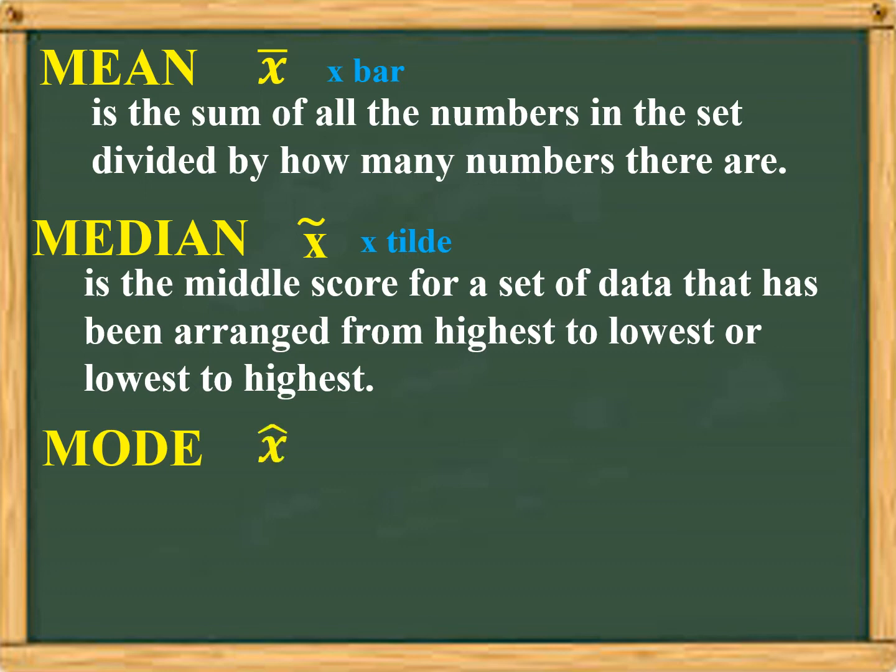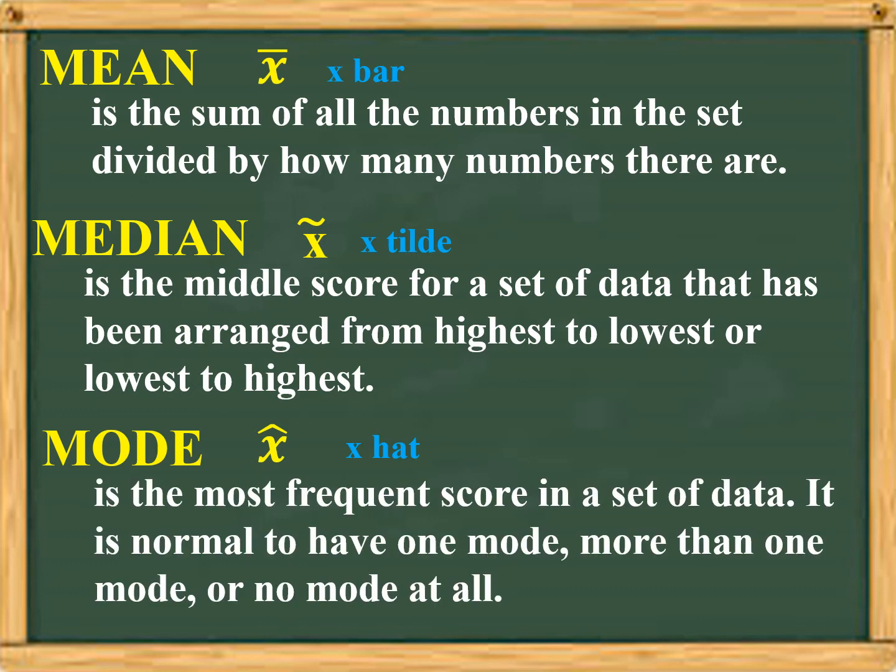So now let's have mode. Our symbol for mode is X hat. Mode is the most frequent score in a set of data. It is normal to have one mode, more than one mode, or no mode at all.